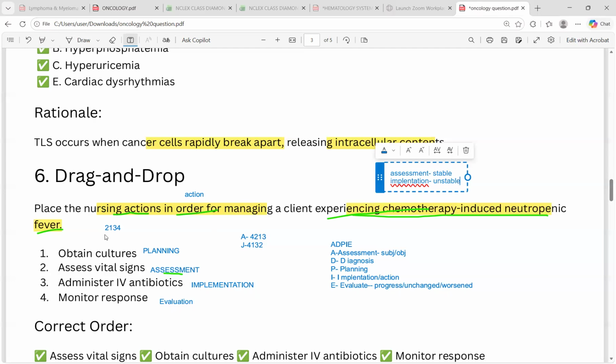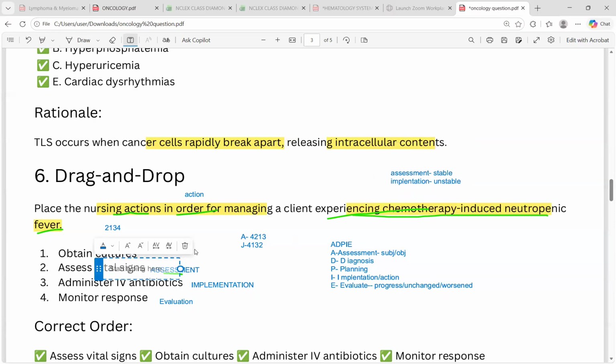But here the question is: what is the priority nursing action for a client experiencing chemotherapy induced neutropenic fever? Here assess vital signs is the priority action.